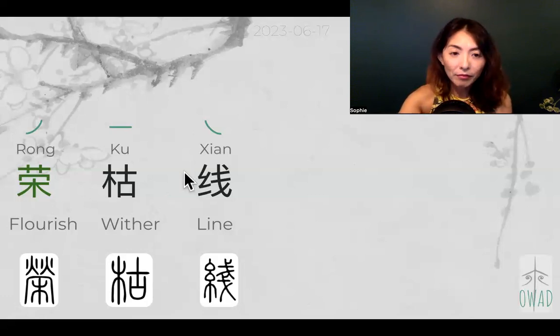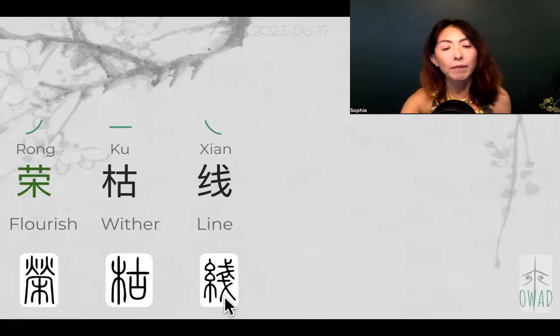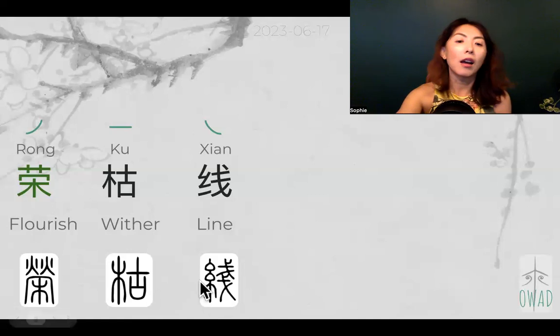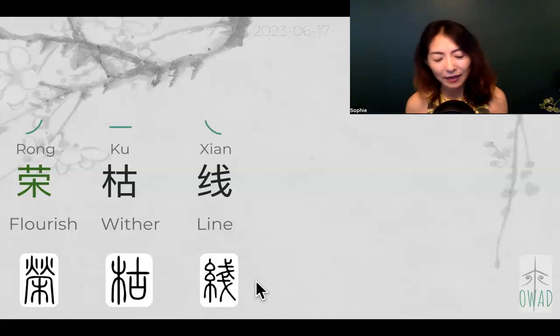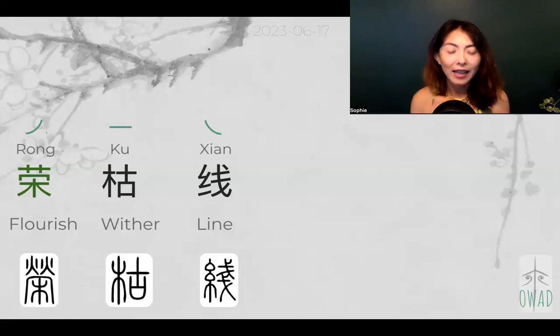Okay. 线. We have the left side meaning something related to fabric, because the two knots are connected with one big long strand. It's something in clothing making or in fabric making. So we started from thread, right?